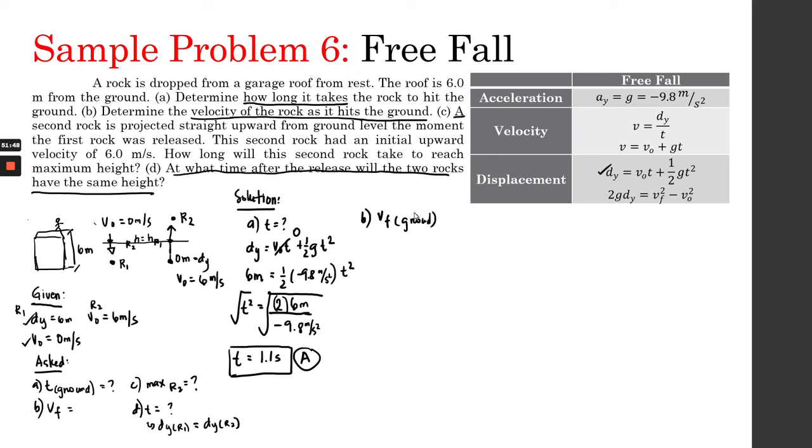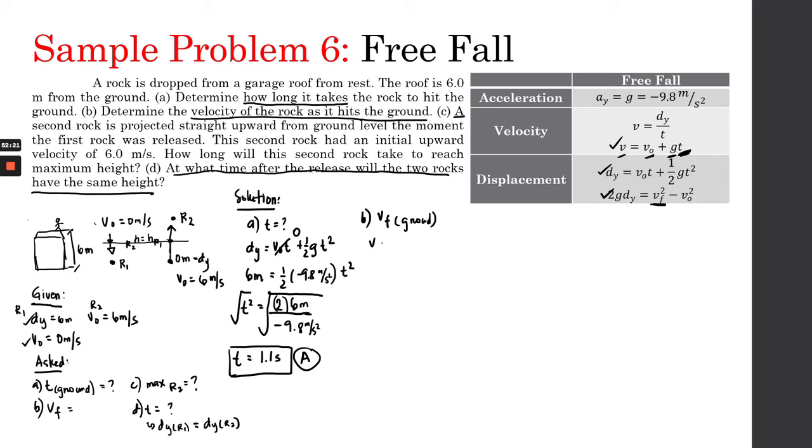Again, we basically know the distance, we basically know the initial velocity, so we can actually use this, because we're looking for the final velocity. But another equation that we can use is actually this, because we already know the time it takes for the rock to hit the ground. This is easier to use. We don't have to square. We know the acceleration of the rock. We know the initial velocity, and we're just looking for the velocity.